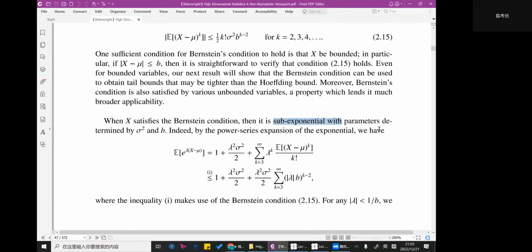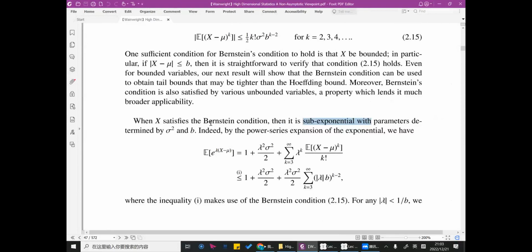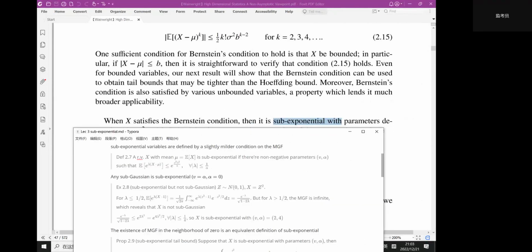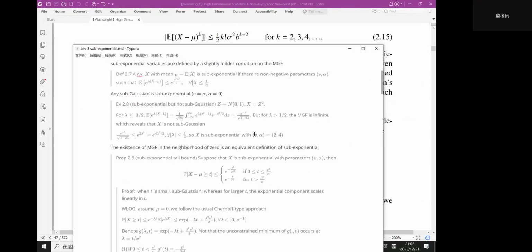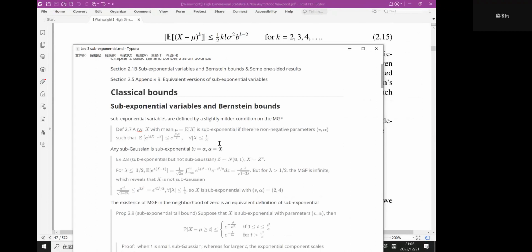But what if the variable is sub-exponential but does not satisfy the Bernstein condition? Let me see the definition of sub-exponential. It says that this is satisfied.